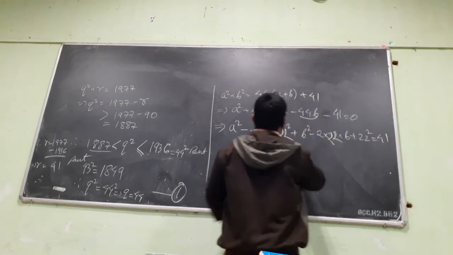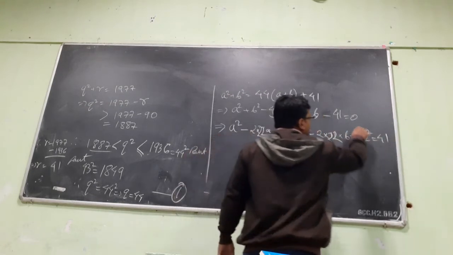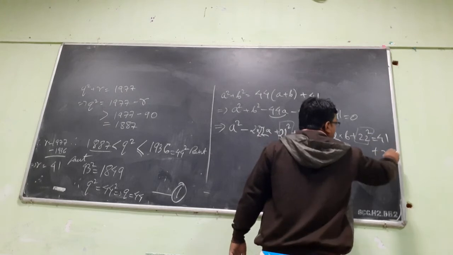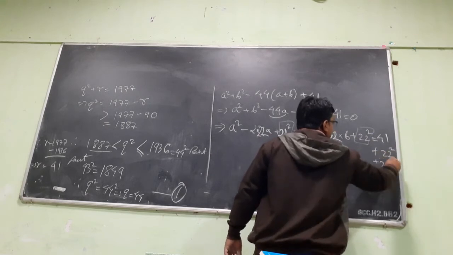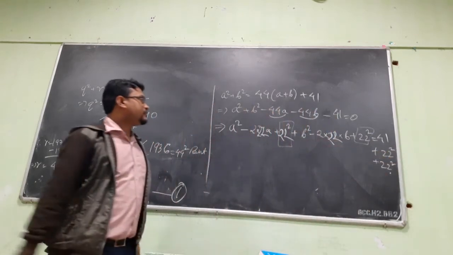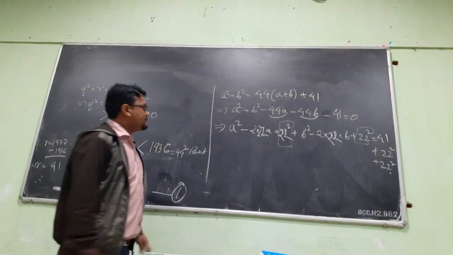Then these things I have added extra, so plus 22 square plus 22 square. Okay, got it? So we can write it this way.